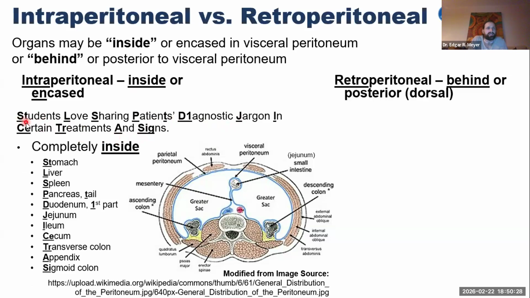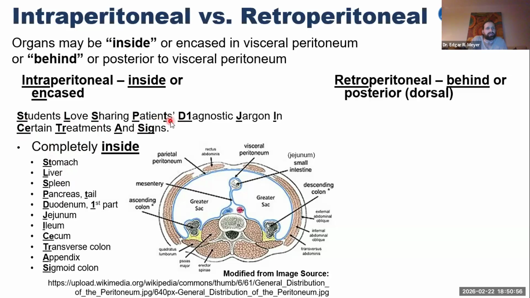And you'll notice that in some of these second letters or even third letters, it's helping you keep track of what structure we're referring to in the mnemonic, as some structures might begin with the same letter. So here we have students, ST for stomach, L in love for liver, S in sharing for spleen.